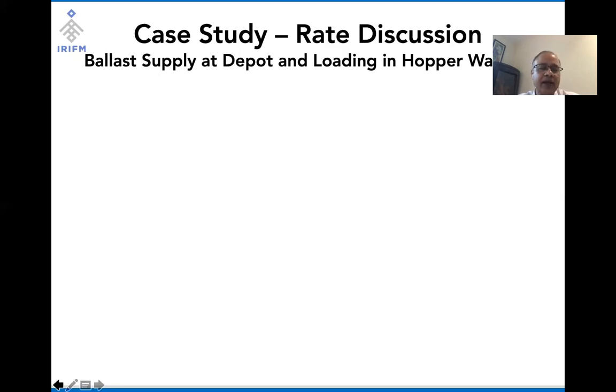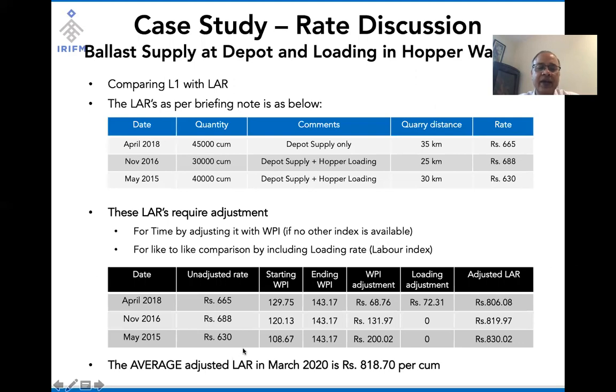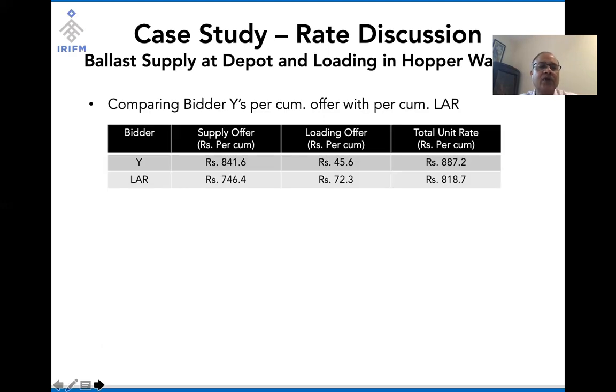So if you go back and look at all the supply rates, we can break these rates into supply rate and loading rate. The supply rate average value comes to 746, whereas Y has offered a supply offer of 841, and Y has given a lower offer for loading, which is 45.6, whereas in this case it is 72.3.